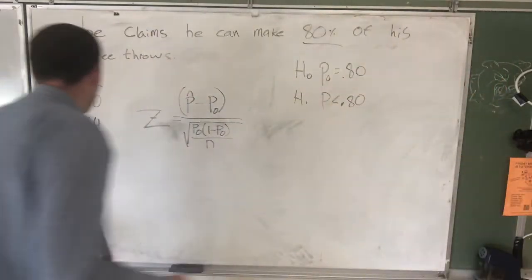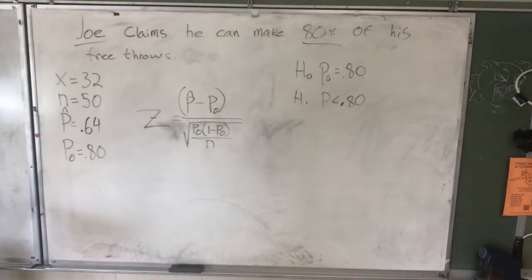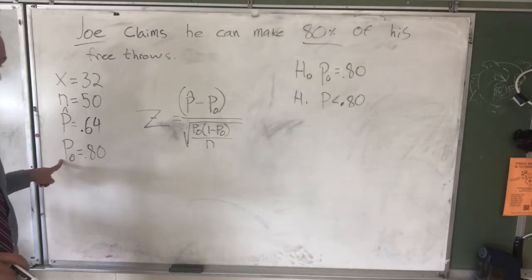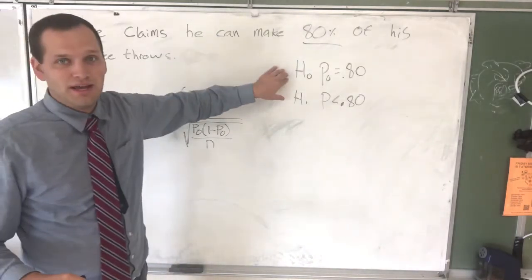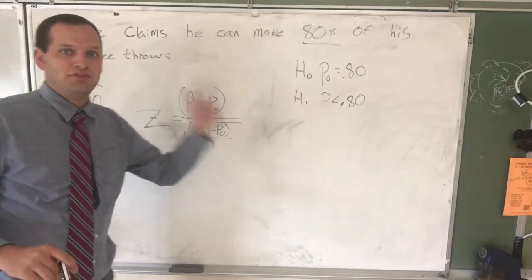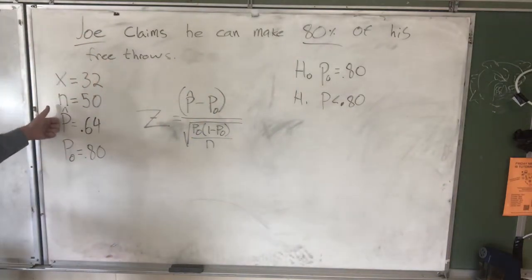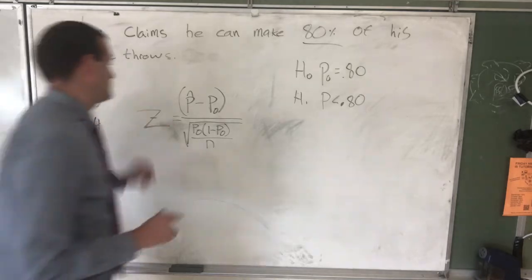Okay. So now we need to come over and figure out where we're plugging everything in. We've got our P naught, that's the null hypothesis. Null hypothesis is what he claimed. Our test is what we observed. It's our P hat. Okay. I go through and I just plug everything in.